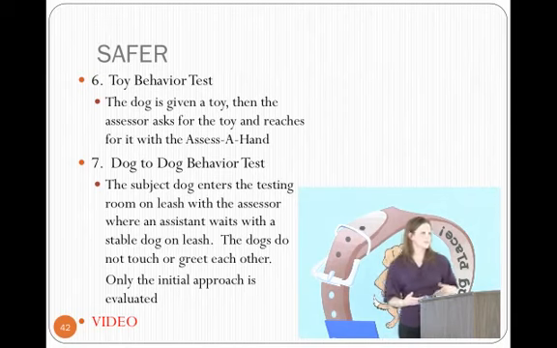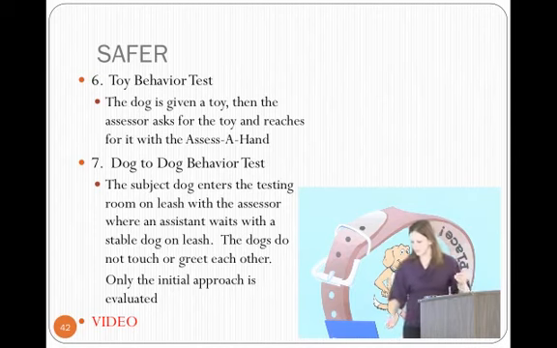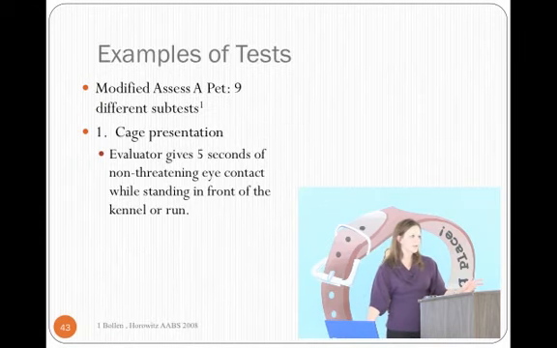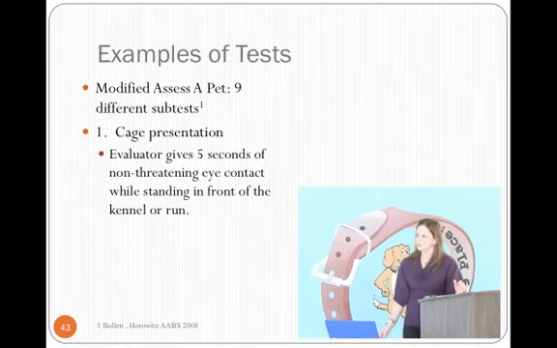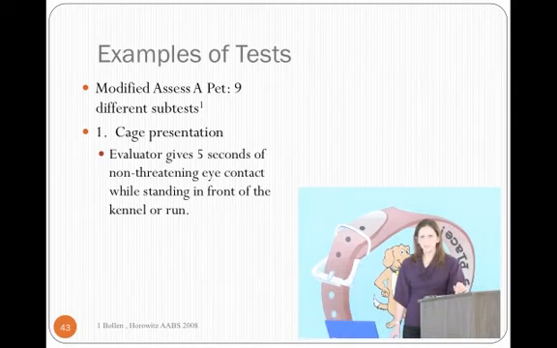So now let's look at the other very commonly used test that's being used in shelters across the nation right now. There are lots of different permutations of this test floating around because the initial one is rather long and complicated, and it's not exactly user-friendly for most shelter situations, because I think it takes like an hour and a half to perform the entire test, and of course time and money isn't of the essence in the shelter situation.